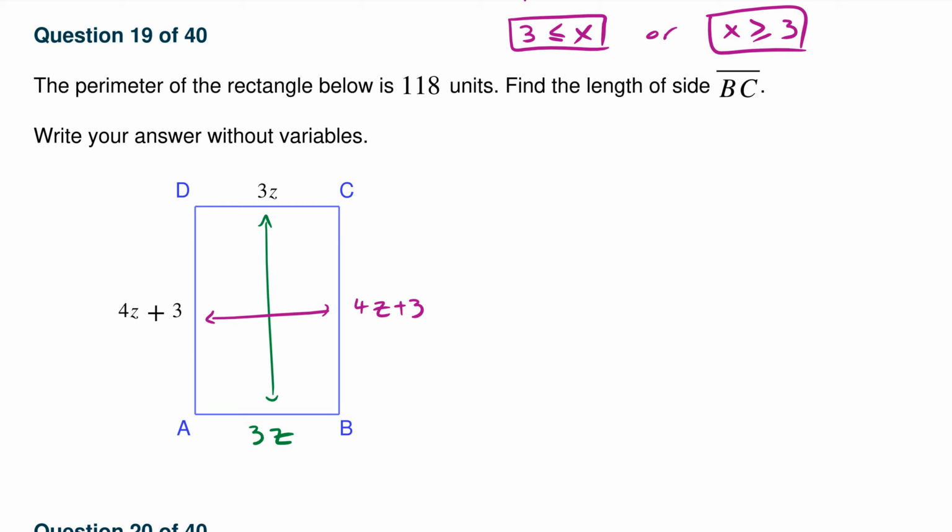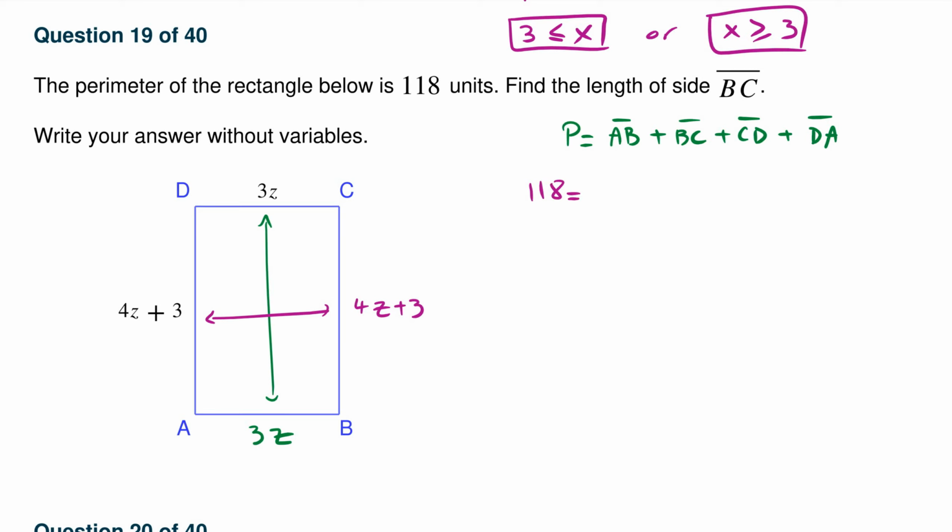Perimeter is the sum of all sides, so we add them all together. Perimeter will be equal to side length AB plus BC plus CD plus DA. That is all four sides of a rectangle. The perimeter given is 118.